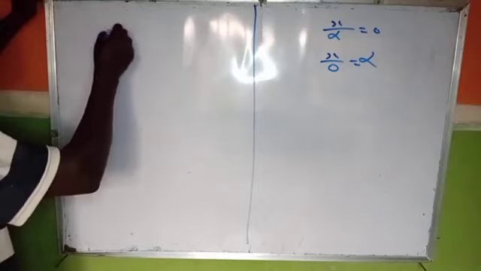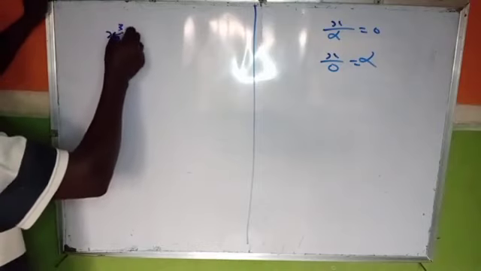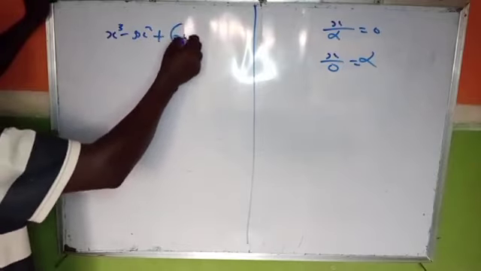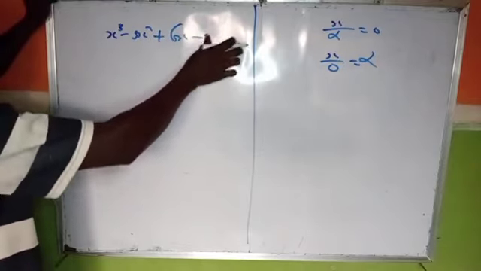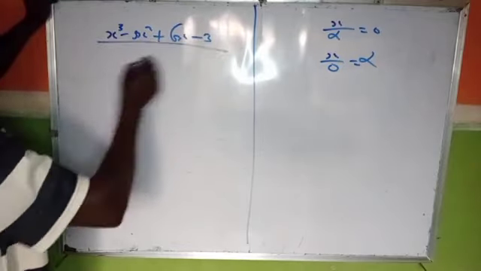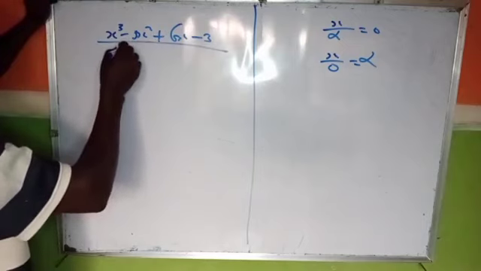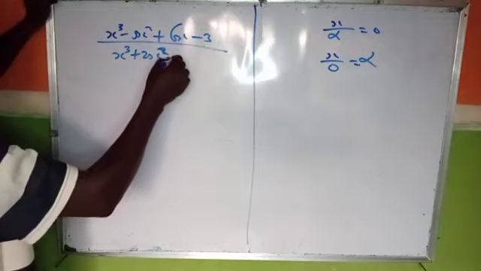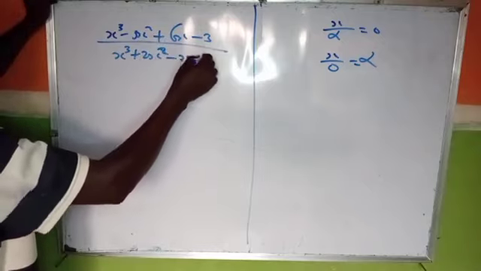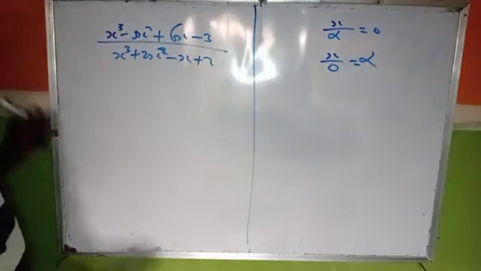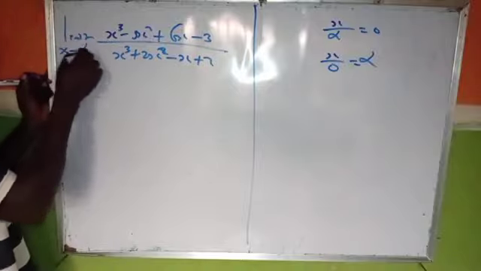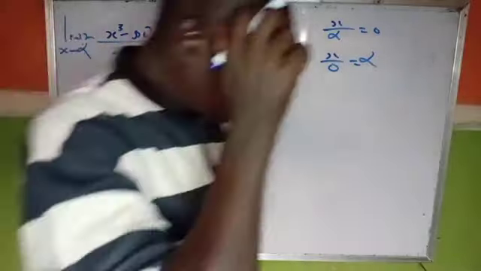Let's say you have x raised to power 3 minus 5x squared plus 6x minus 3 over x raised to power 3 plus 2x squared minus x plus 2. Now, the limit says x tends to infinity.